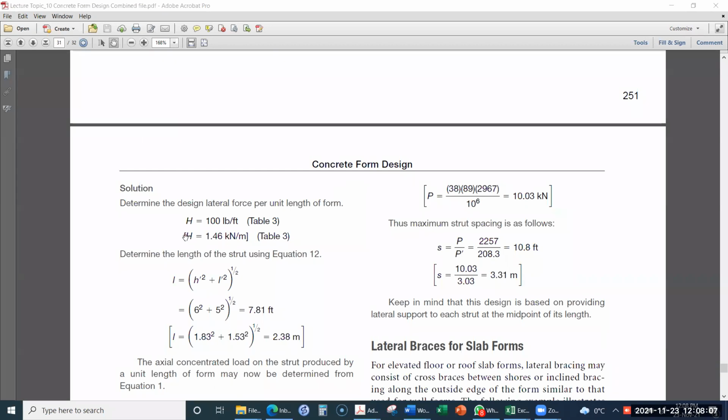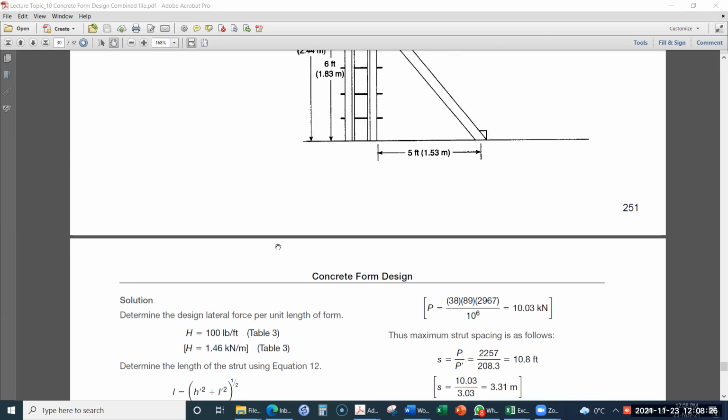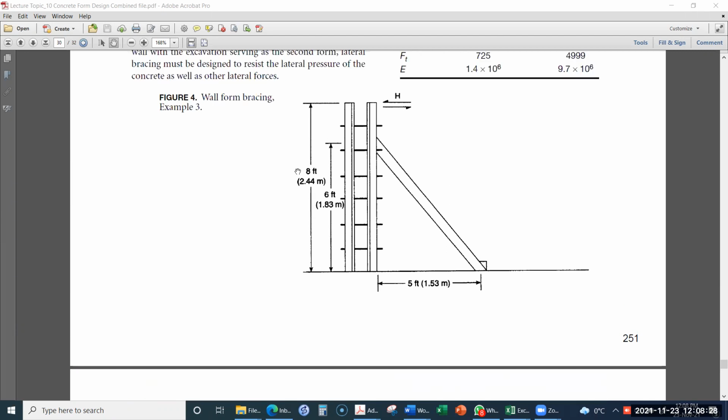This force is 1.46 kilonewton, and this force is from table number 3. Table number 3 is many pages over here, and that table provides us the value.